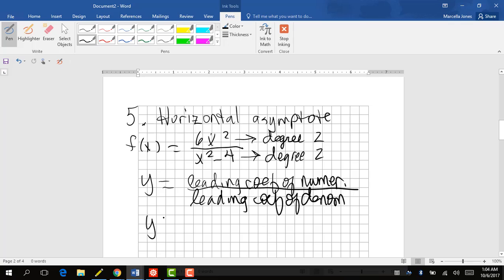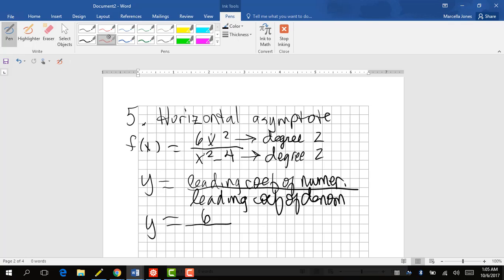The leading coefficient of the numerator is 6. That's the coefficient of the term with the highest degree. And the leading coefficient of the denominator is 1, because x squared is really a 1x squared.